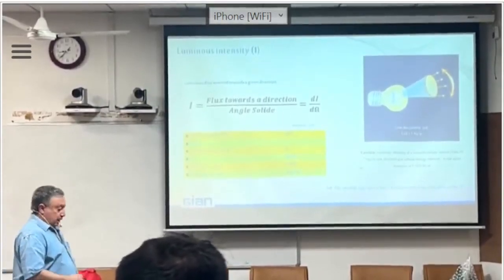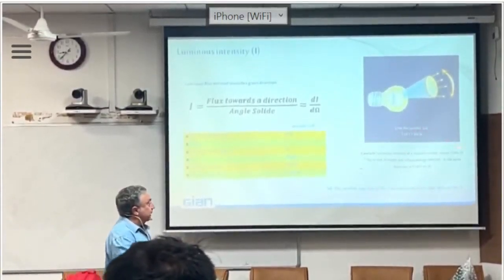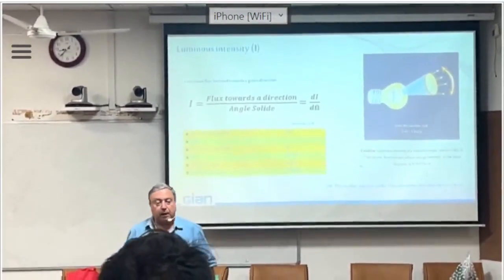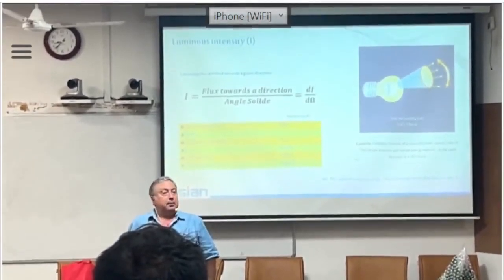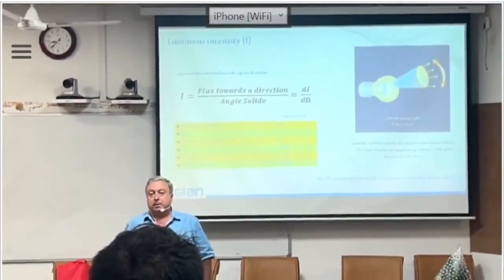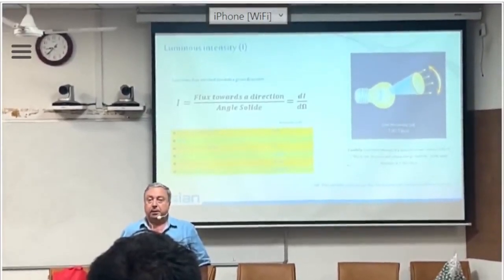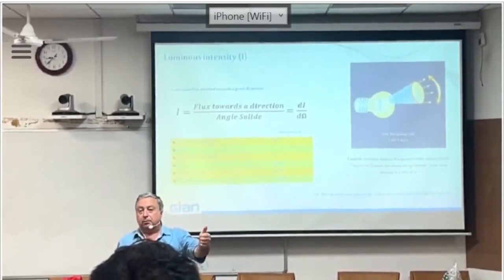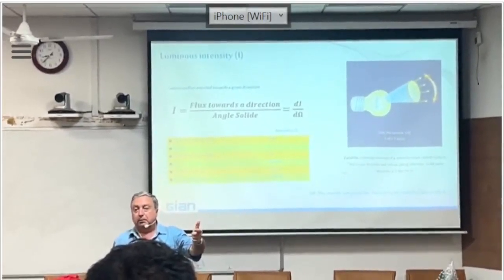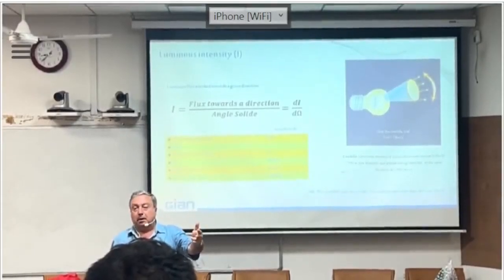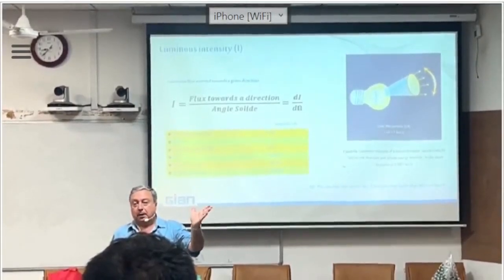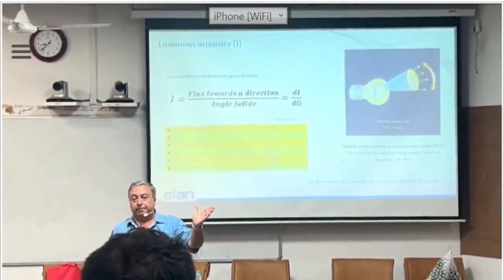Well, candela is very important. Candela, the definition is here. Candela was one of the 5 fundamental units defined in SI, the International System of Units. Second for the time, meter for the distance, kilogram for the mass, ampere for the current, and candela for the light.